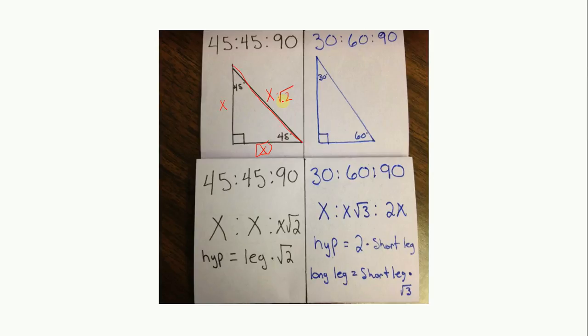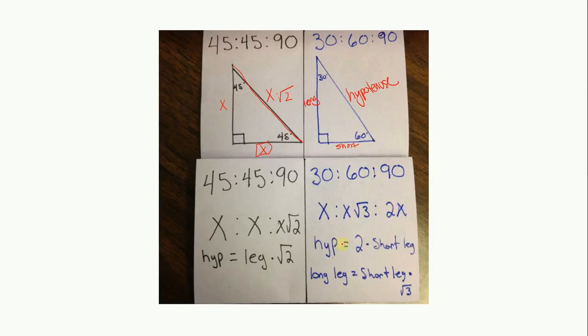Let's then summarize our 30, 60, 90. Opposite the 30, we labeled that earlier, is the short leg. We labeled this the long leg. And then we labeled this guy the hypotenuse. So for a 30, 60, 90 triangle, the ratio is x, x square root of 3, and 2x.